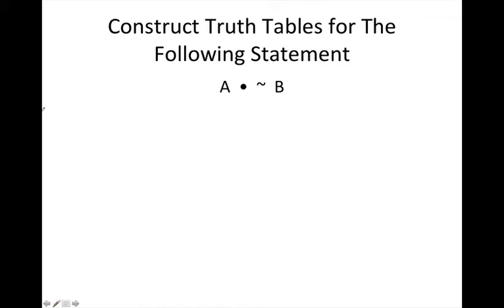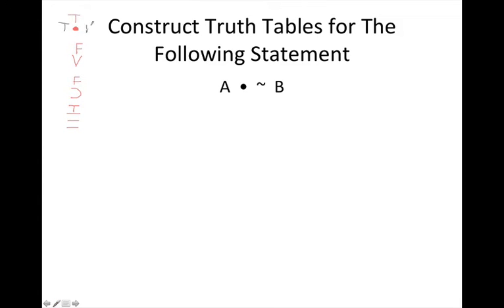So, for example, we know that the dot is true, the disjunction is false, the conditional is false, the biconditional or triple bar is true if and only if we have the following conditions.